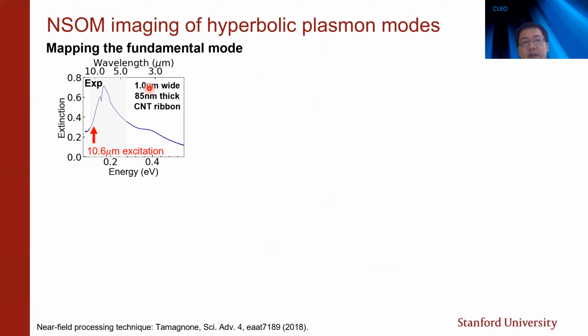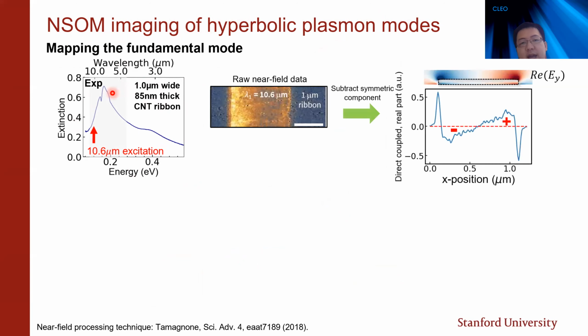We started from the fundamental mode in a 1.0 micron wide combinatorial ribbon, and we have this far field spectrum, and we can get the raw near field data. It's not symmetric. After subtracting the symmetric component, we can get the anti-symmetric profile, and it matches our full wave simulation.